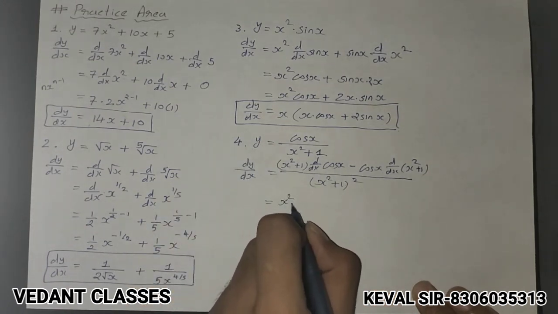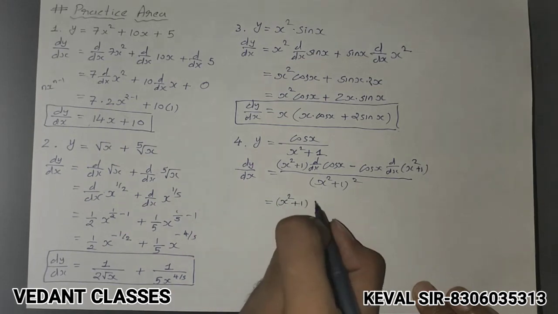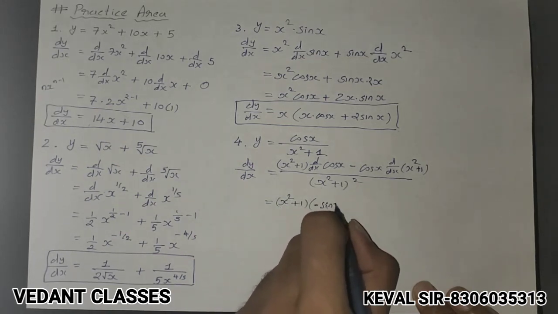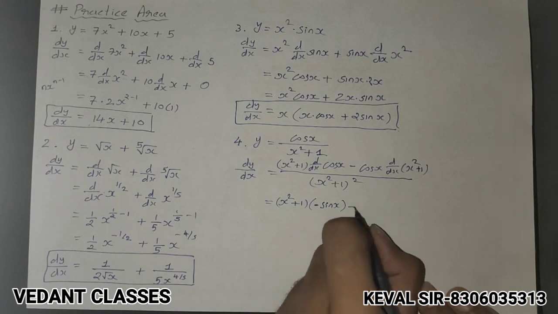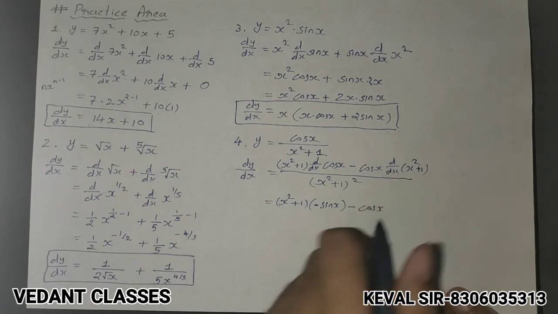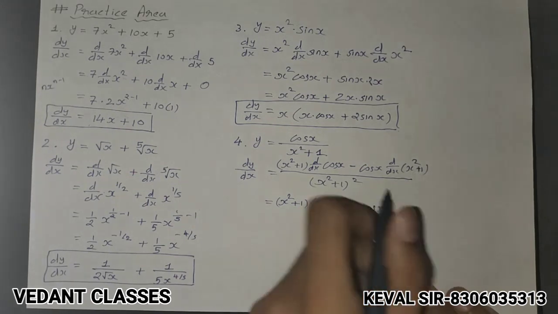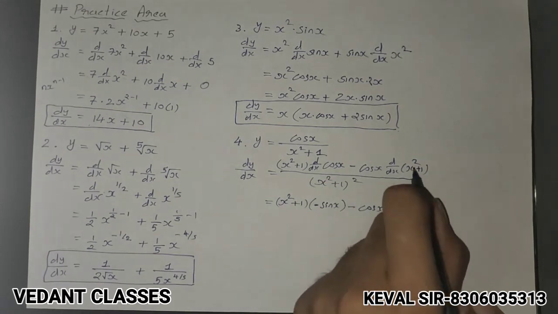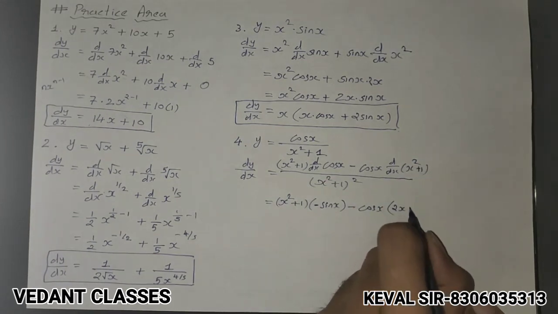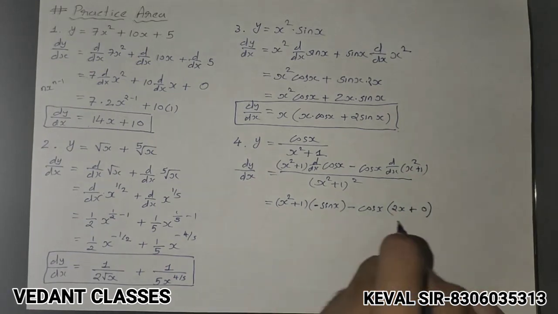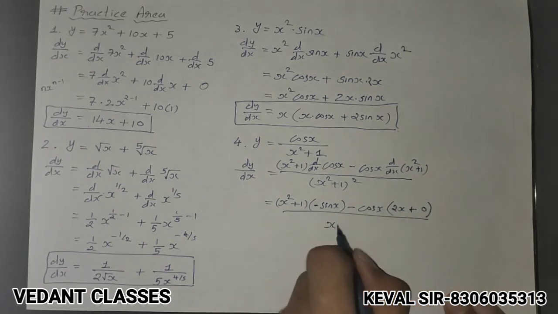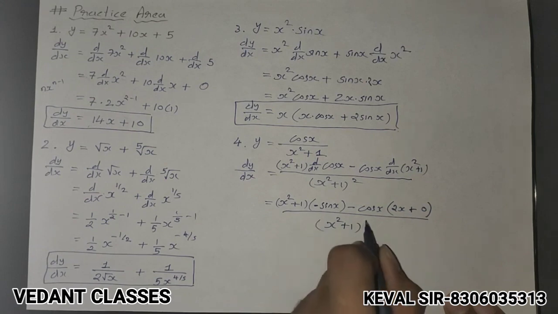It will be x square plus 1, derivative of cos x is minus sin x, plus minus cos x, and this will be 2x plus 0. The derivative of x square will be 2x raised to 1, and for 1 it will be 0. Okay, keep denominator as it is, x square plus 1 whole square.